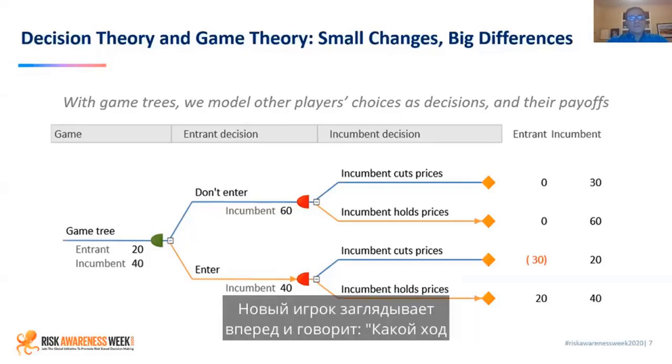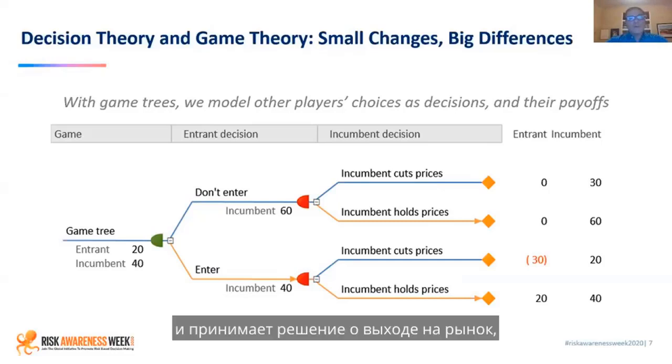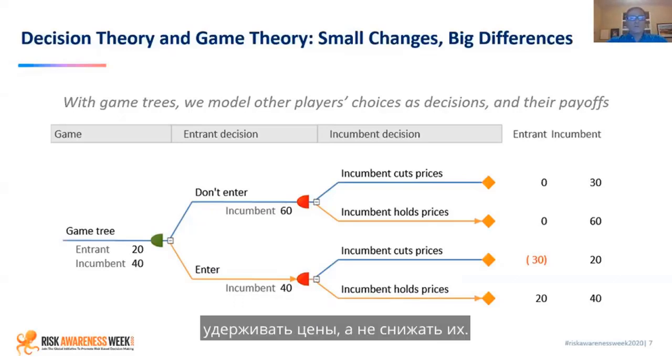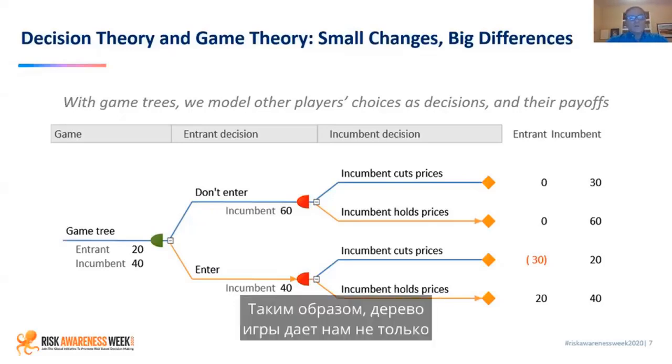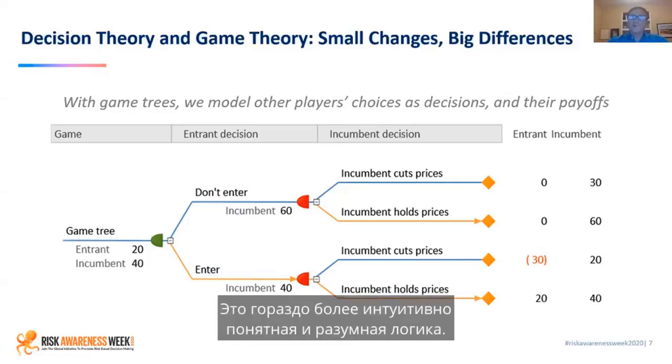The entrant is looking ahead and saying, what would be the incumbent's best move given my move? And making a decision to enter the market because the incumbent's best move is to hold prices rather than cut prices. So not only does the game tree give us a different prescription, it's a different logic, and it's a much more intuitive and reasonable logic.